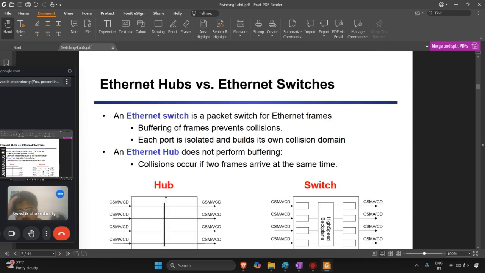Now, an Ethernet switch is a packet switch for Ethernet frames, whereas an Ethernet hub does not perform buffering. So an Ethernet switch is a packet switch, and there is a facility of buffering.